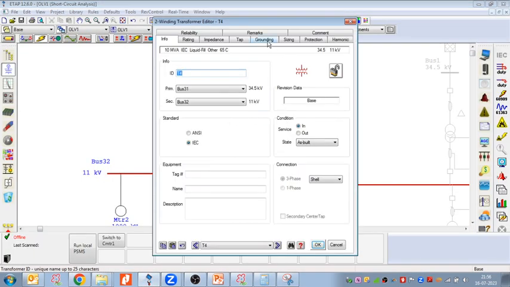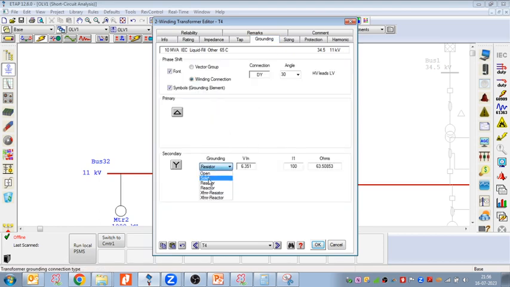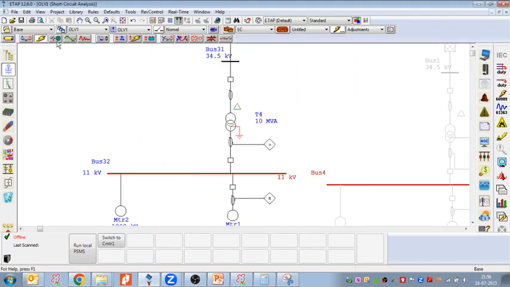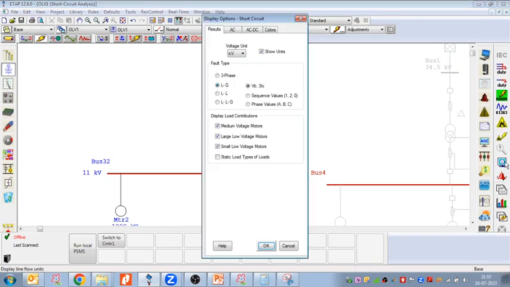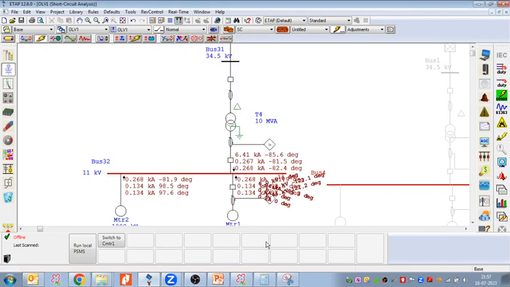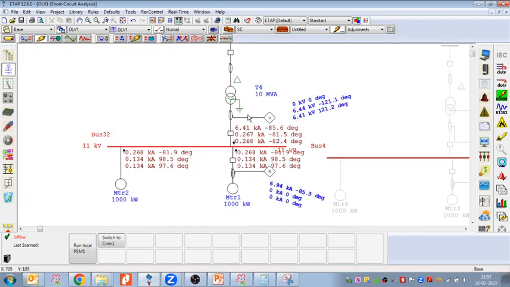So let me go first via solid grounding, and then let us see what the voltage on each phase is. Let us see the fault type, and the phase voltage, ABC indicating RYB. So here we can see 6.41 kiloampere. I am taking a line to ground fault current.